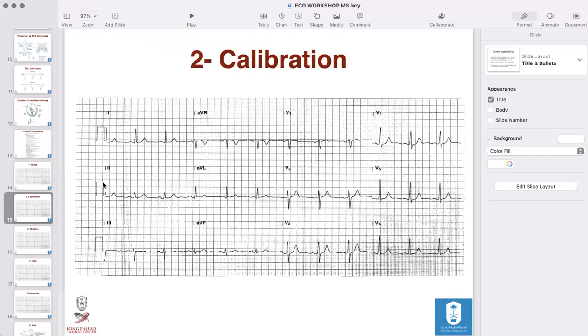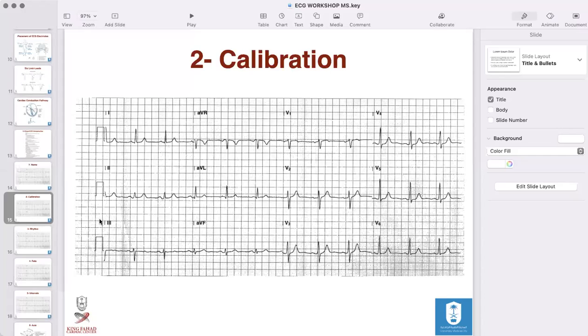So if you go from here to here, it's about 10 small boxes, and that's a correct calibration. Okay, so 1 millivolt inscription of the calibration. Okay, good.